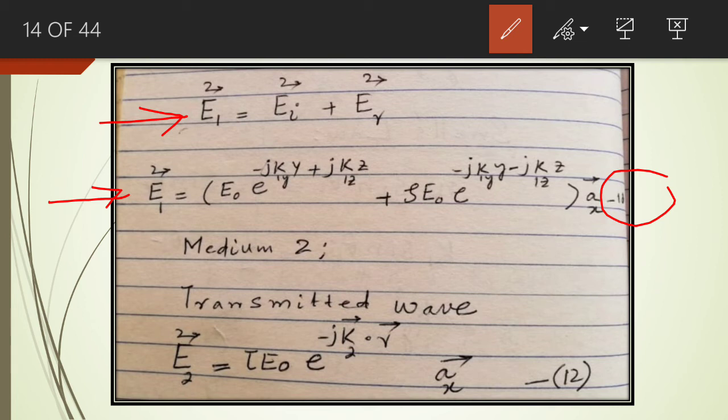So the total electric field intensity in medium number 1 will be equal to E naught into e raised to power minus j k1 y plus j k1 z plus rho E naught into e raised to power minus j k1 y minus j k1 z, and the direction of this vector is given by the unit vector ax.